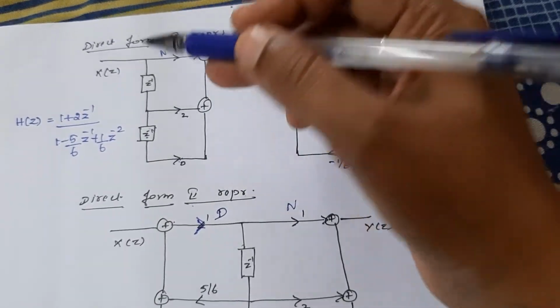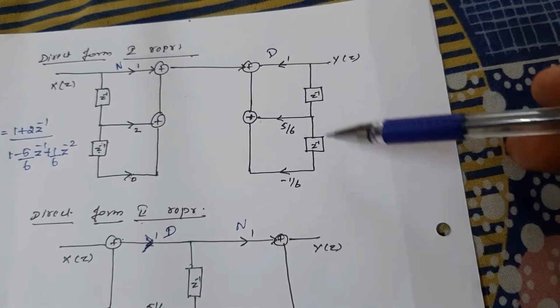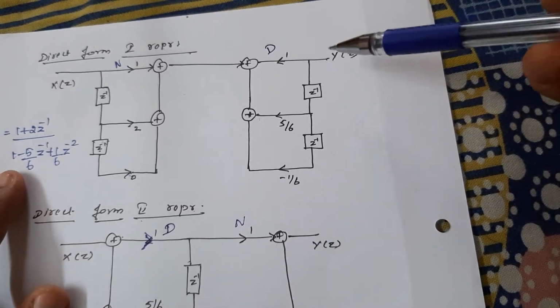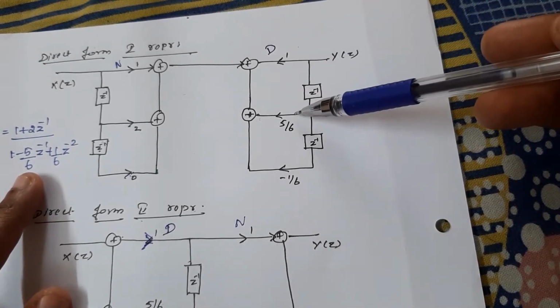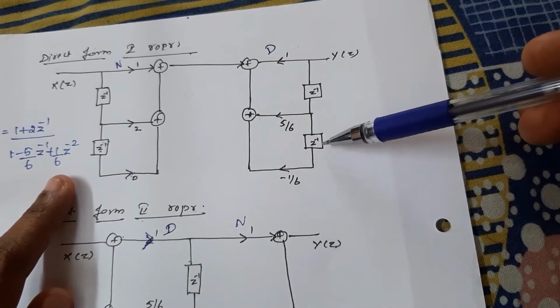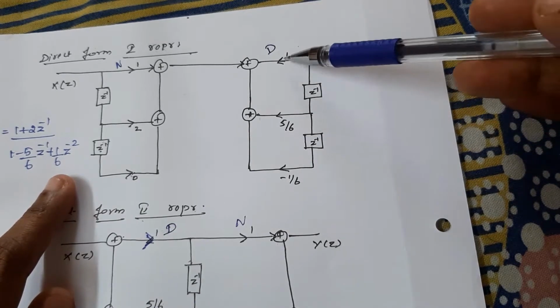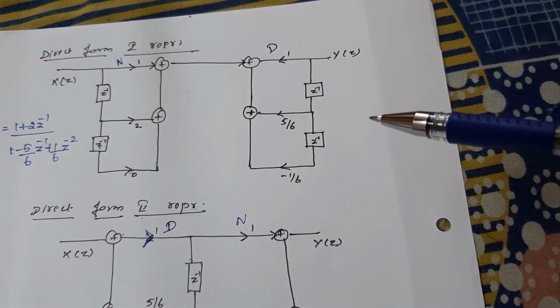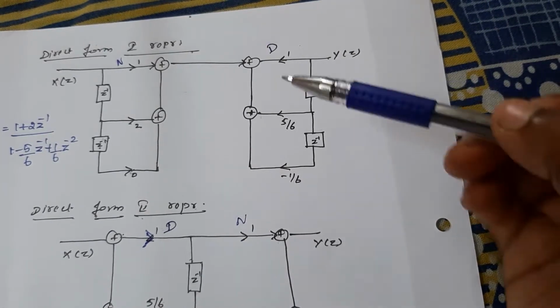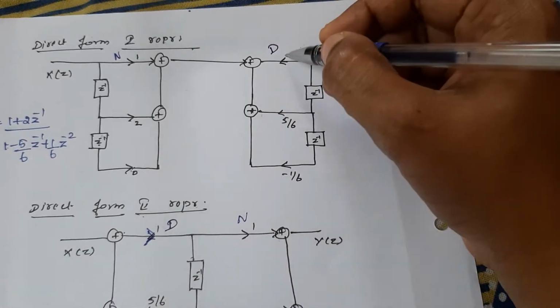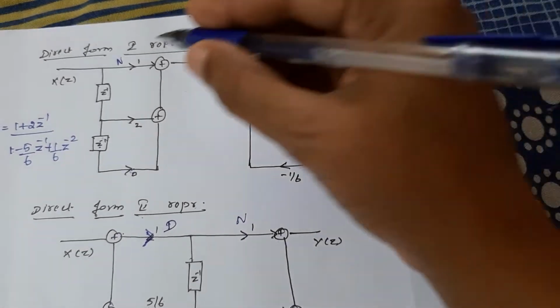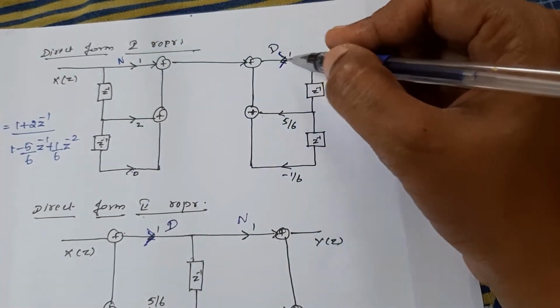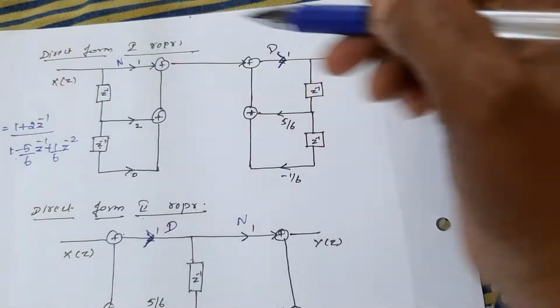Only this block is there, and now the denominator: 1 minus 5 by 6 z inverse plus 1 by 6 z power minus 2. Here for the direct form 1 structure we are drawing the values. The 1 goes in the same direction, so the first value is 1.